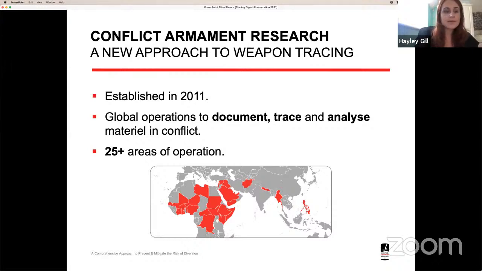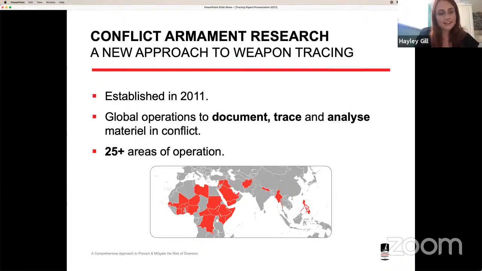This weapons and ammunition data is loaded into CAR's iTrace database, which has been funded by successive grants and Council decisions from the European Union since 2013. iTrace was set up to provide states with field-based information to inform diversion risk assessments and counter-trafficking mitigation measures. Since 2014, we've documented more than 600,000 items from 28 countries of manufacture, which corresponds to around 12,000 individual cases of diversion.